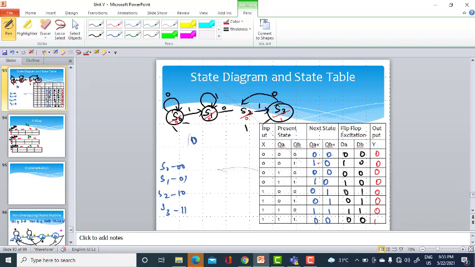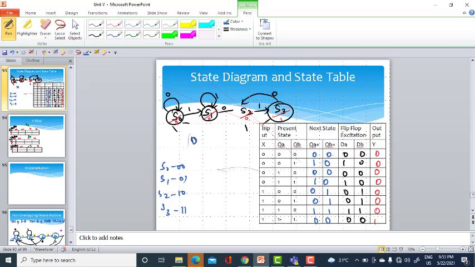I already said QA plus will be DA and QB plus will be DB. The output is nothing but the present state. Whatever the present state is, the output in that state appears as your output. So in S0 it will be 0. Only for S3 you have 1, and S3 is 11.